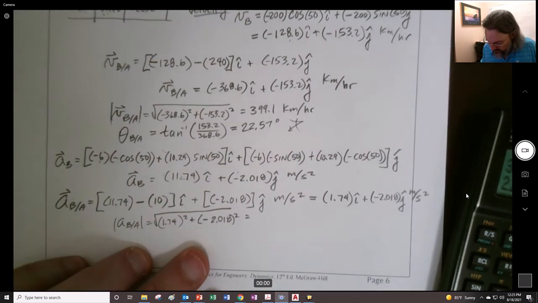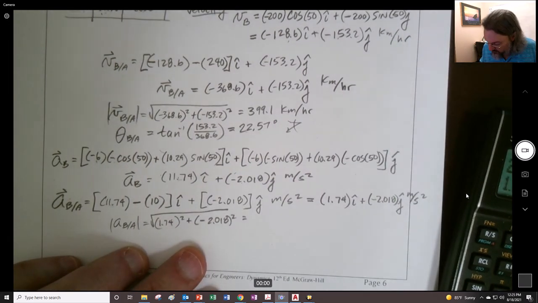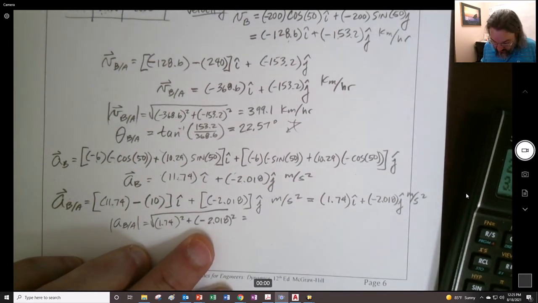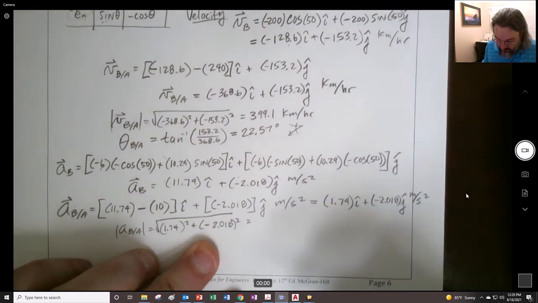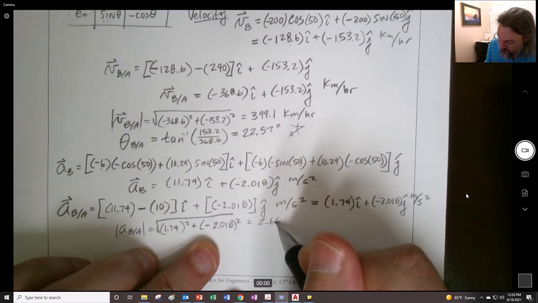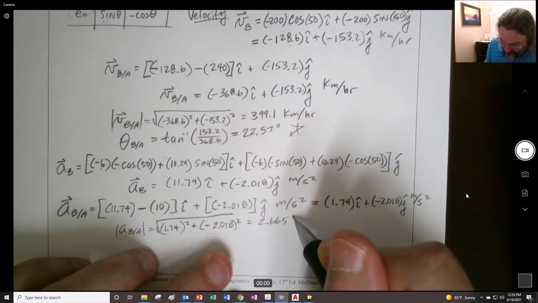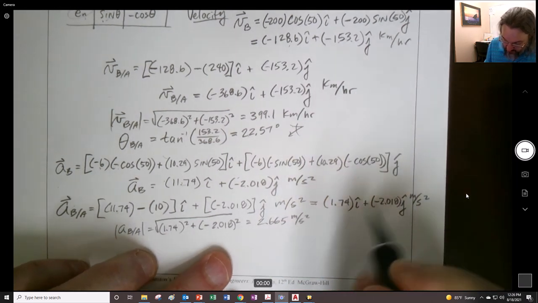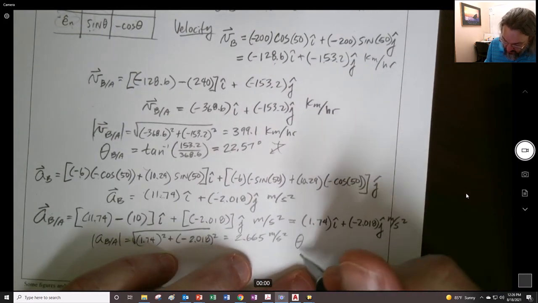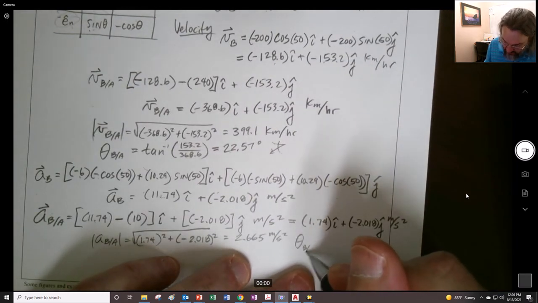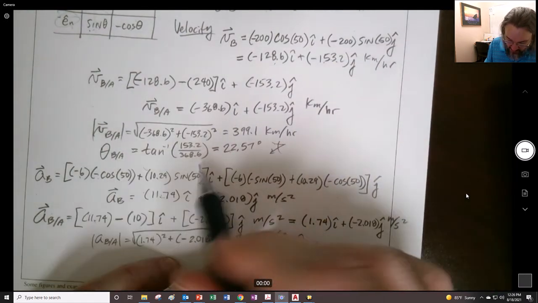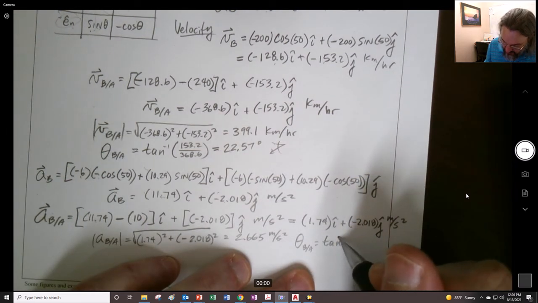1.74 squared plus 2.018 squared, square root, I get 2.665 meters per second squared. And then the angle of B with respect to A, I just mean this one.